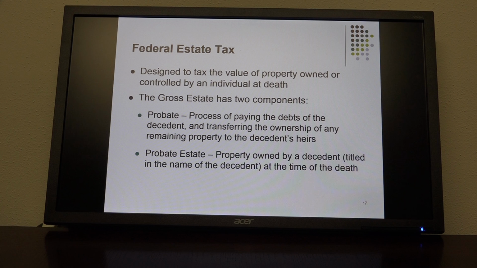First, there's this process of probate. Probate courts are state courts, and each county has a probate court. It may not be called a probate court.